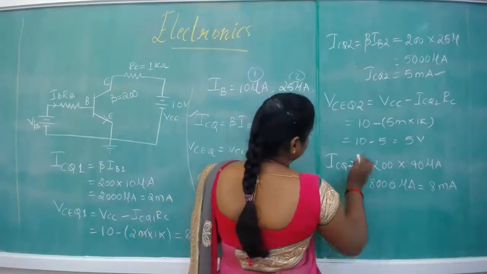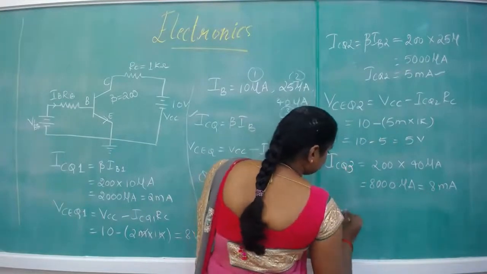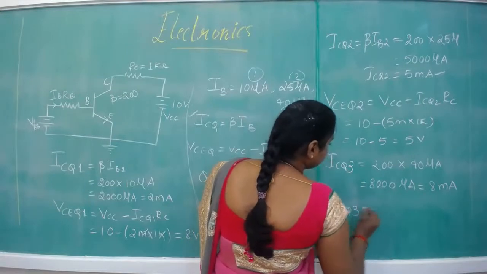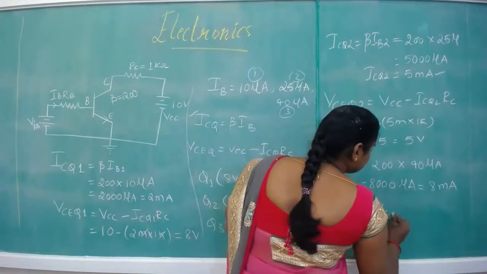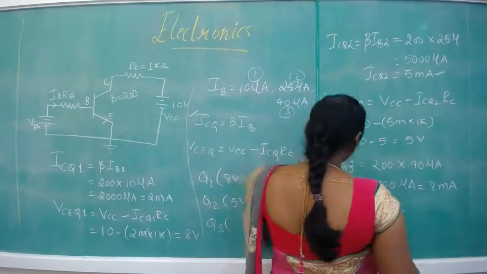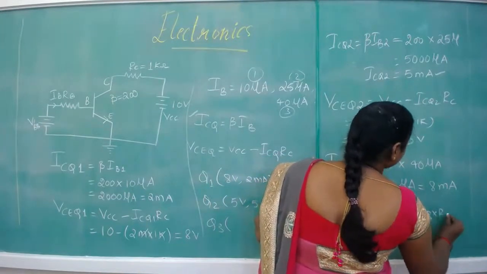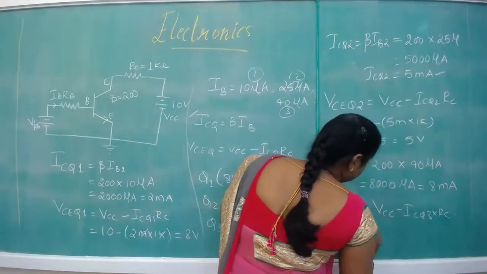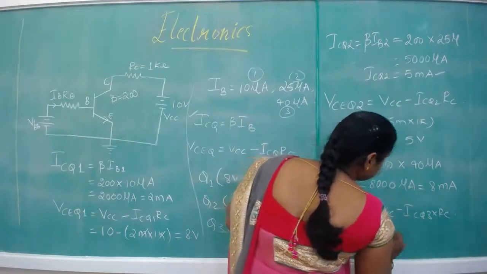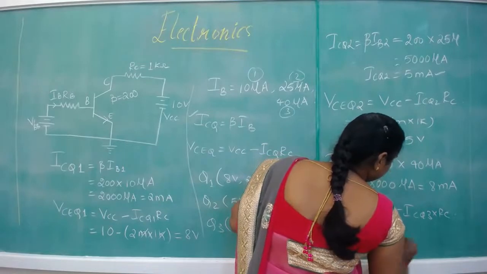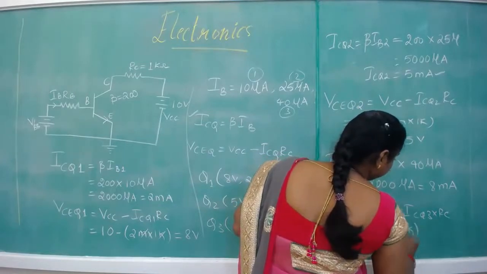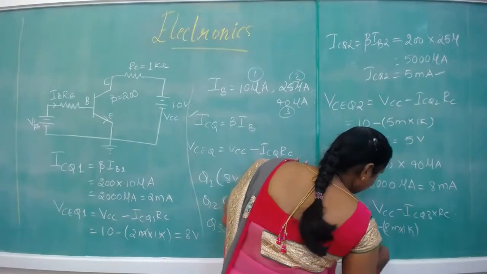VCEQ3 is equal to VCC minus ICQ3 into RC. This can be written as 10 minus 8 milli into 1K. This will give you 2 volts.